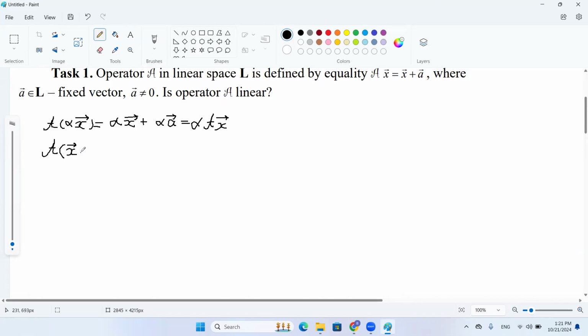We apply it to two different elements, x and y. So A of x plus y equals x plus y, let's put brackets here, plus a. And now let's apply this operator to the elements separately. For x, here it is.